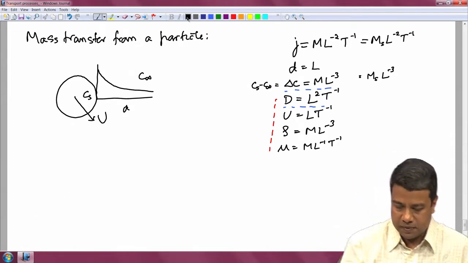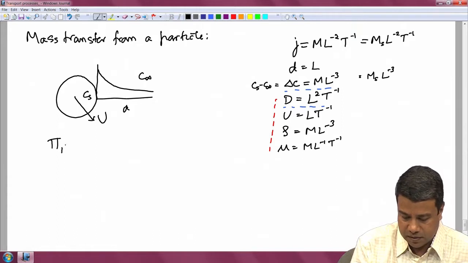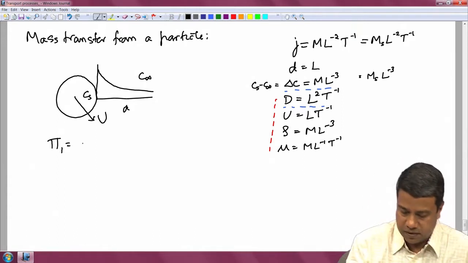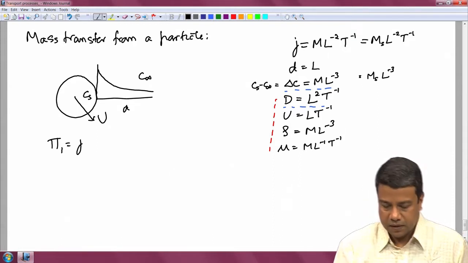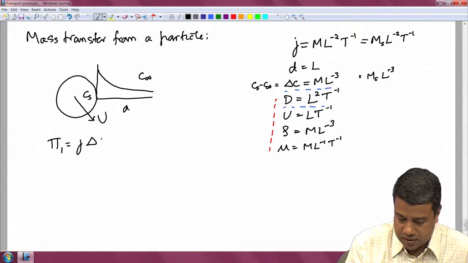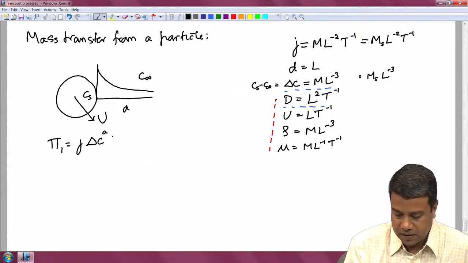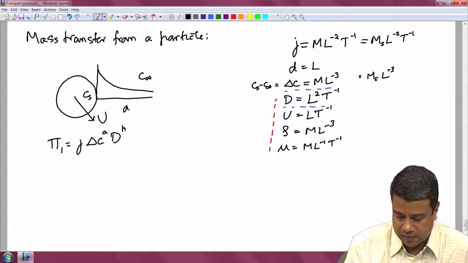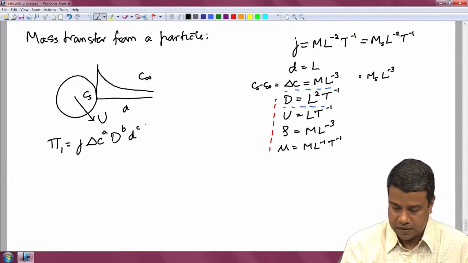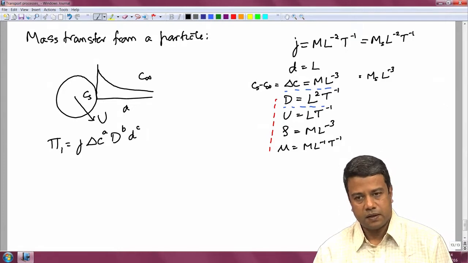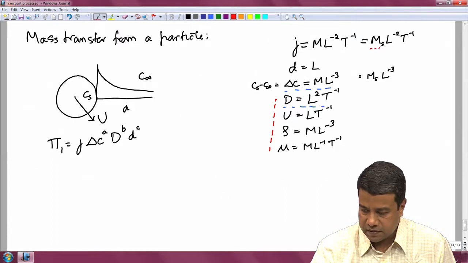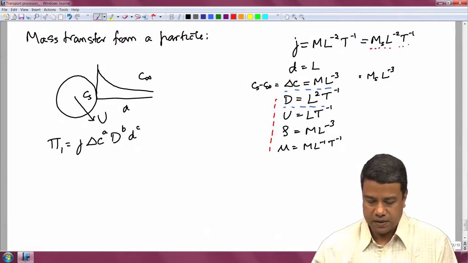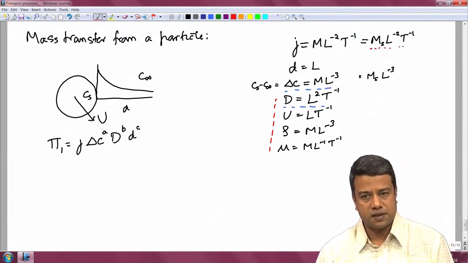So I will write my dependent dimensionless group as equal to the mass flux, the concentration difference to the power A, the diffusion coefficient to the power B, and a length scale, a diameter, to the power C. And from the dimensions of the mass of solute, the length scale and the time scale, I will find out what A, B and C are.